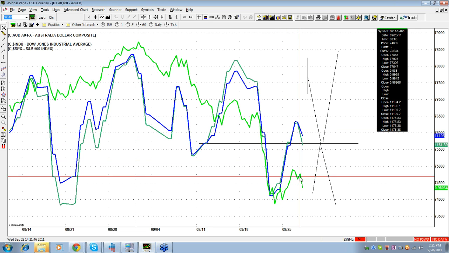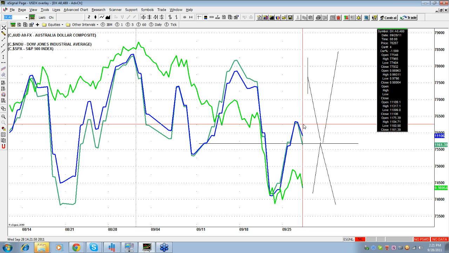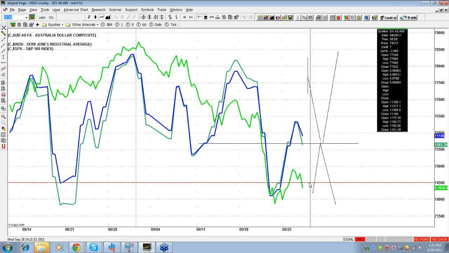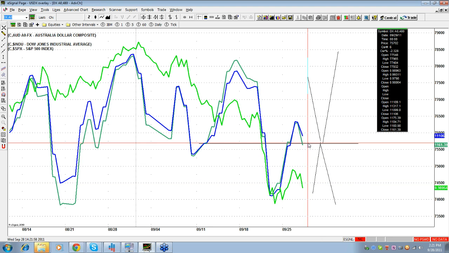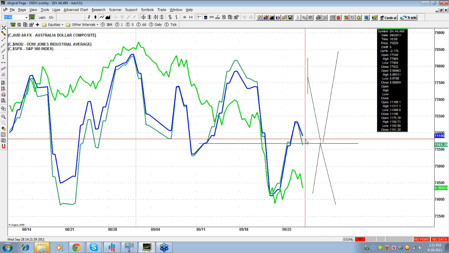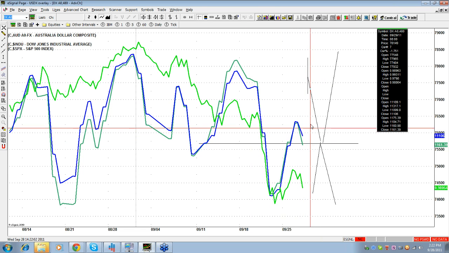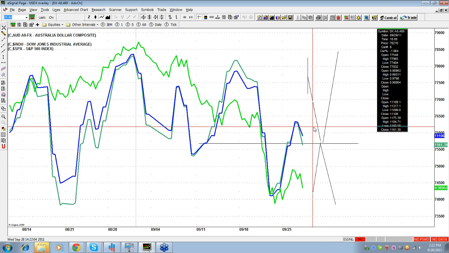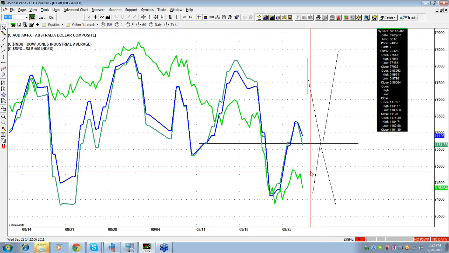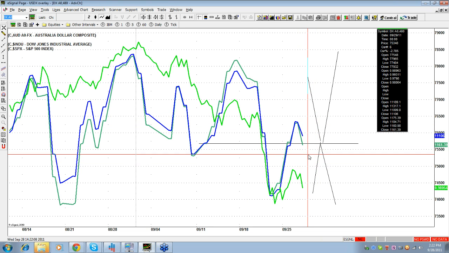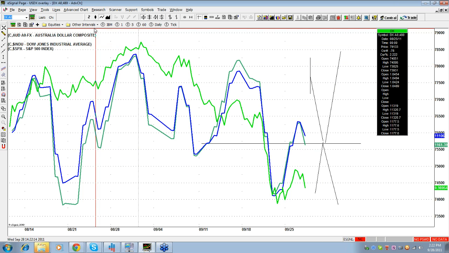The Aussie should be higher or the indices should be lower. Now, seeing the rest of the pairs, I believe that what's going to happen is that the indices are going to stay around the area, consolidate around here, and then the Aussie is going to cash out higher with the indices, seeing the dollar and what the dollar should be doing. And then every one of them is going to crash down.